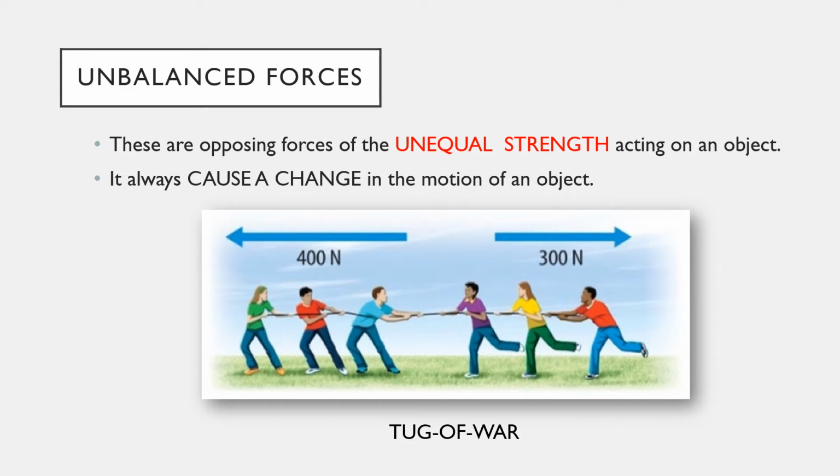So, here we have 400 Newton going to the left and 300 Newton going to the right. Since there is a greater force on the left side, which is 400 Newton, the people on the right side with 300 Newton will fall forward toward the side of 400 Newton, which is going to the left. So that is how unbalanced forces are described.